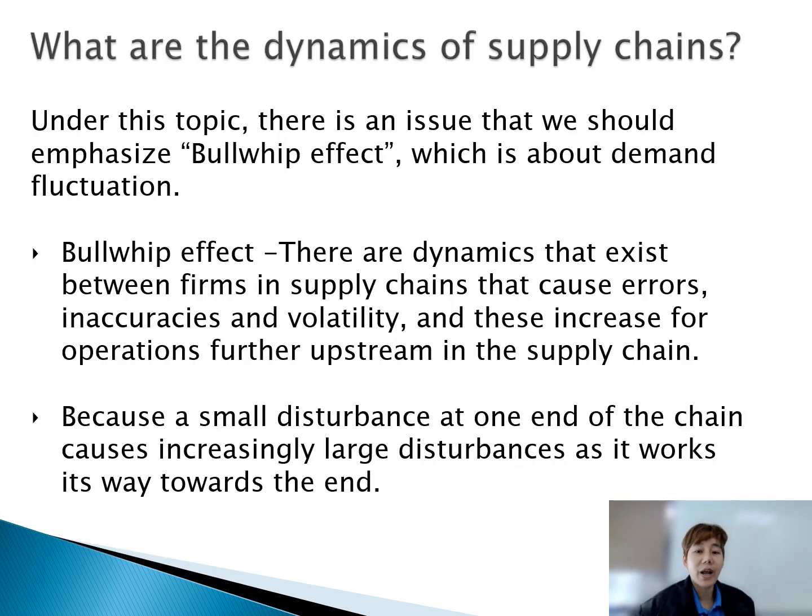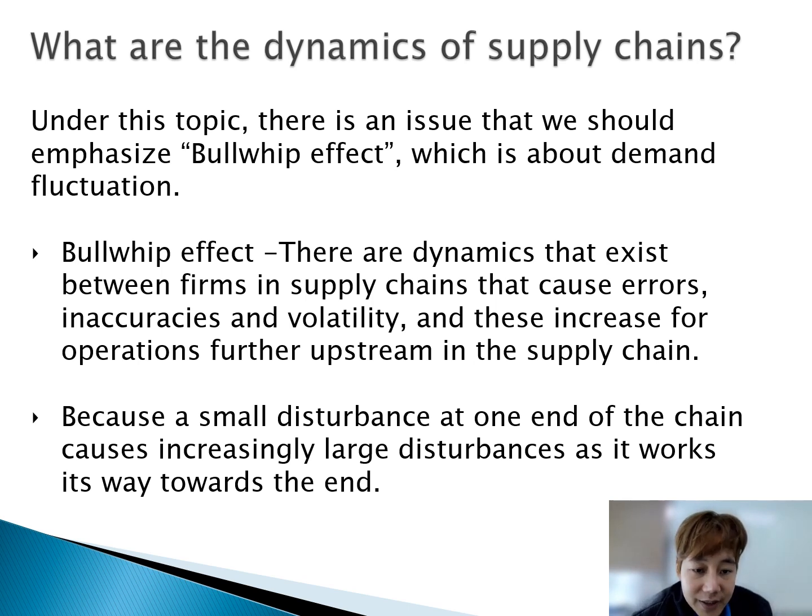Okay. What are the dynamics of the supply chain? Under this topic, there is an issue that we should emphasize. Bullwhip effect, which is about demand fluctuation. It means that demand can go up or down. It's called the bullwhip effect, demand fluctuation. Okay, bullwhip effect.